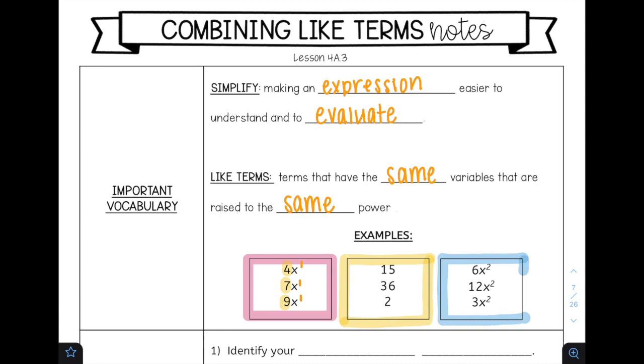The power in all of these terms is 2, and we have different coefficients, which is okay, but we have the same variable raised to the same power. So x squared, x squared, x squared. Each of these are going to be like terms because they're following that same characteristic: terms that have the same variable that are raised to the same power.